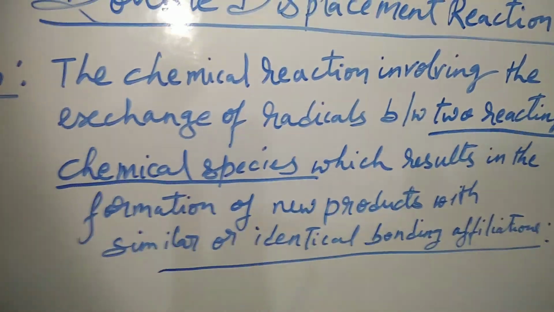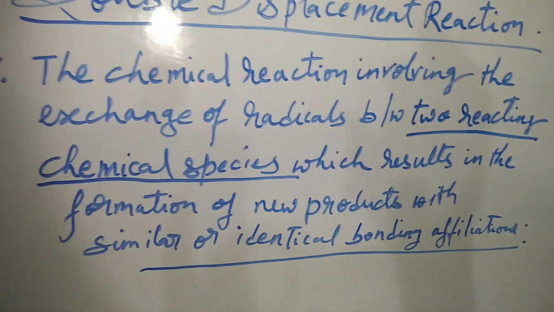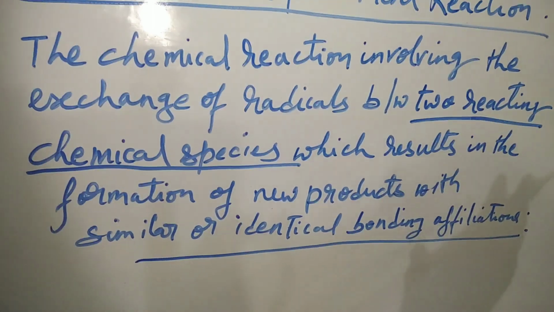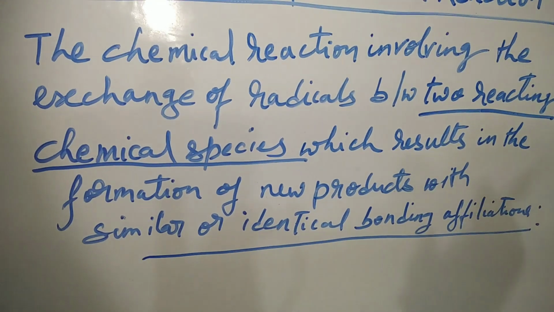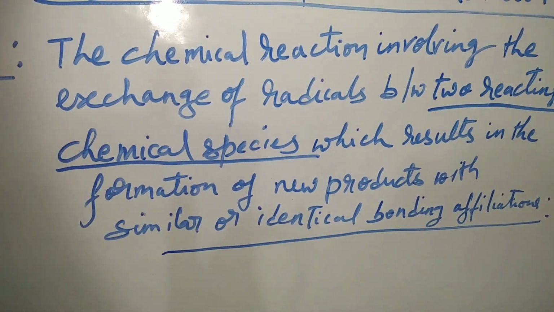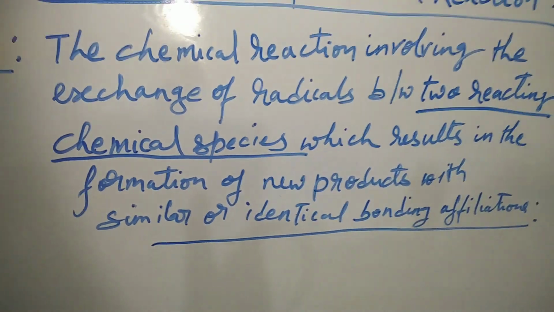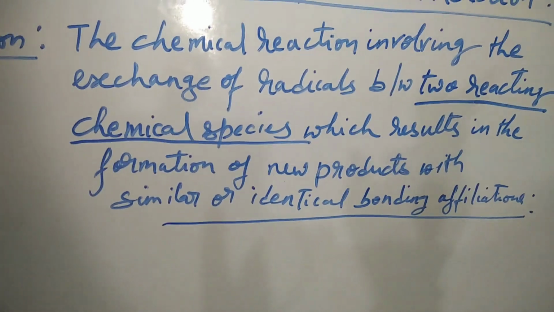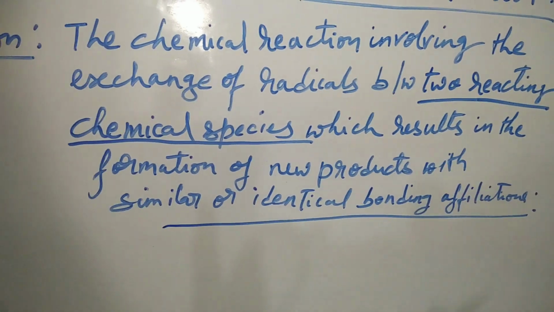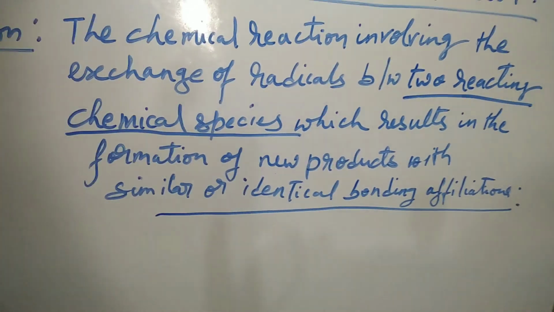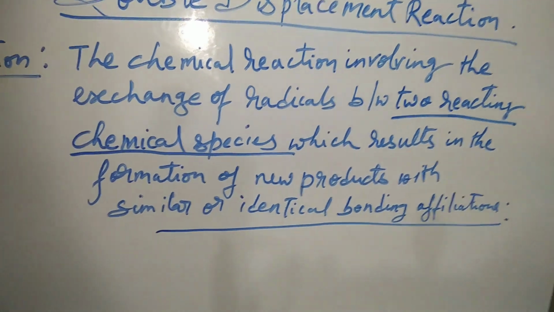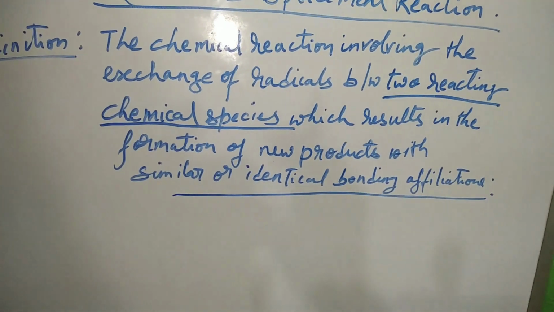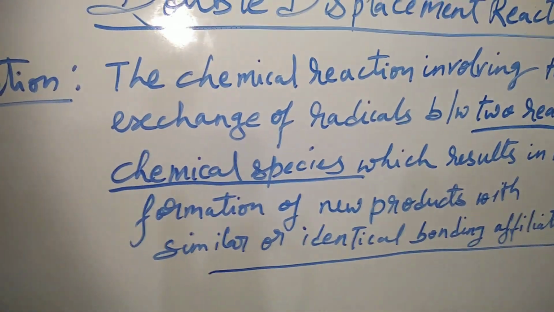Now what are radicals? Radicals can be atoms, molecules, or ions. Ions is very important, which has an unpaired electron or electron shell, that is not paired, in the form of ions only.